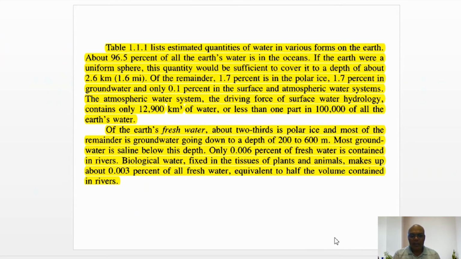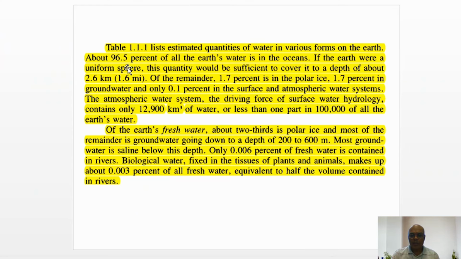You see here the estimated quantities of water on Earth. 96.5% of all Earth's water is in the oceans, so maximum water is available in the oceans, and the remaining water is 3.5%.